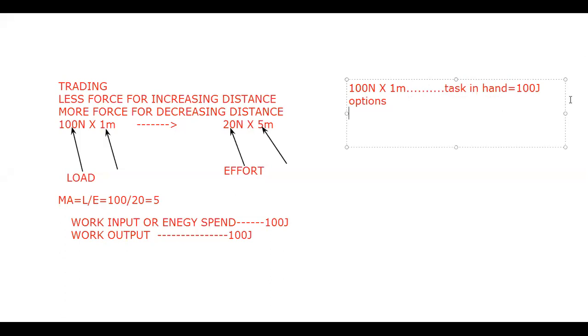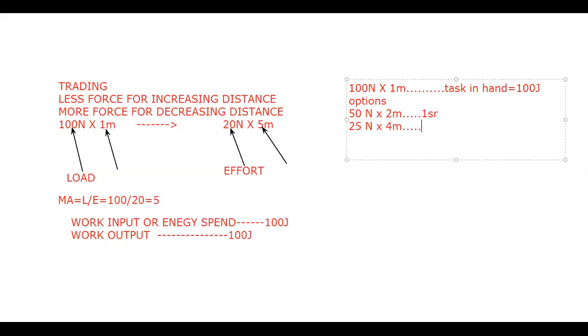My options are, I can apply 100 Newton for 1 meter. That's the first option. Or I can apply 50 Newton for 2 meters. Or I can apply 25 Newton for 4 meters.